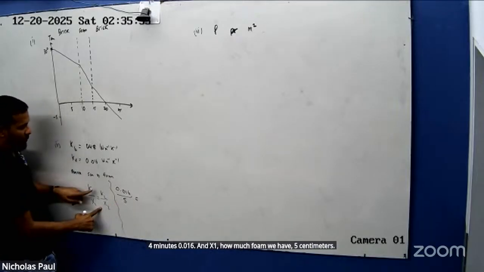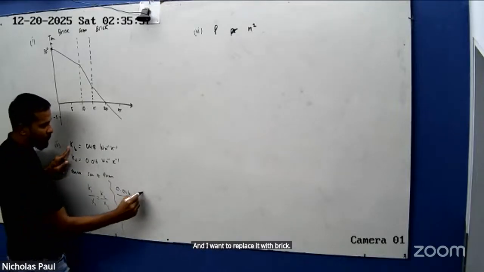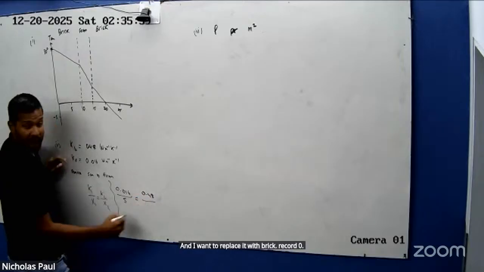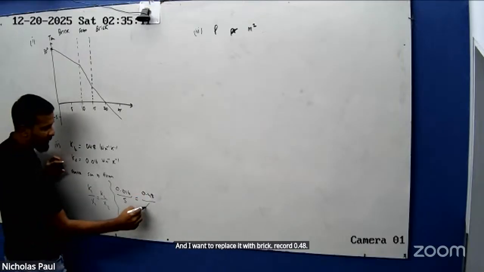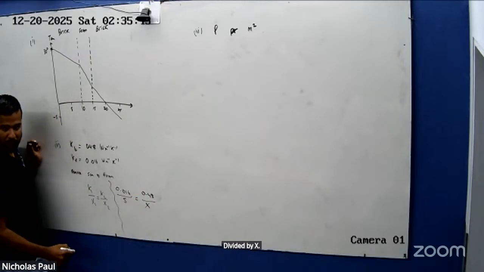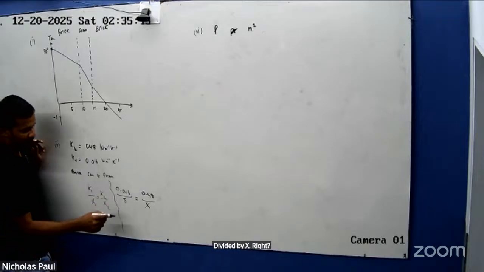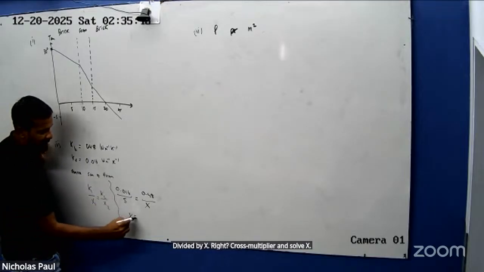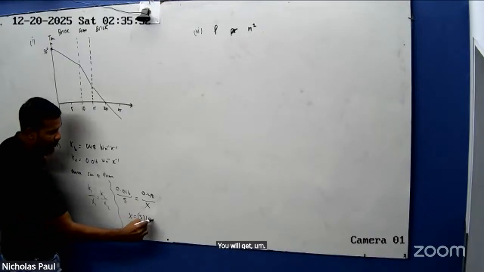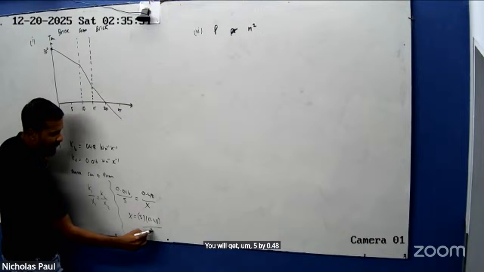I want to replace it with brick, which is 0.48, divided by x. Cross multiply and solve for x.